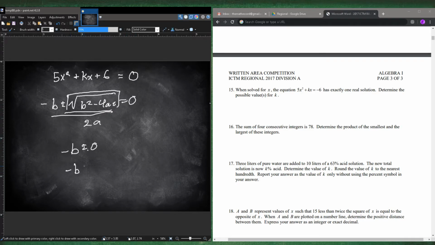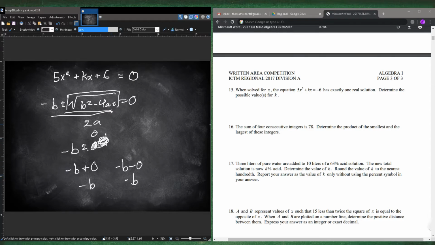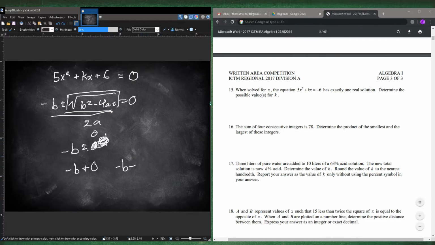If this was 1 instead of 0, then it's plus or minus 1: negative b plus 1, and negative b minus 1, so now there are two possible answers. But if this is 0, we have negative b plus 0 and negative b minus 0, which is the same thing, negative b. So it's the exact same solution. So there's only one solution, right?